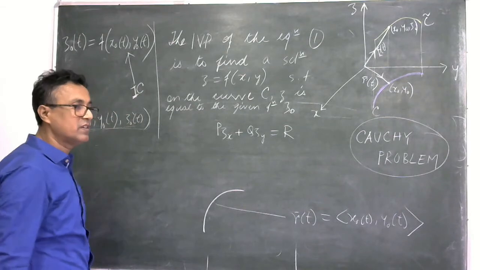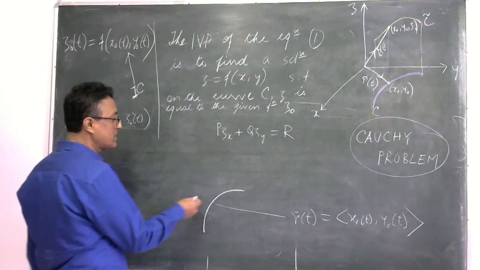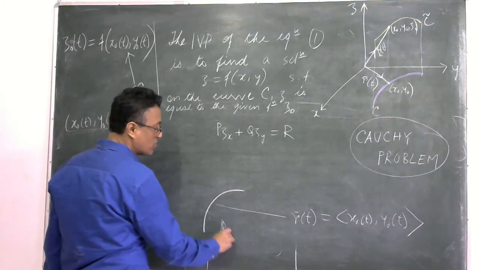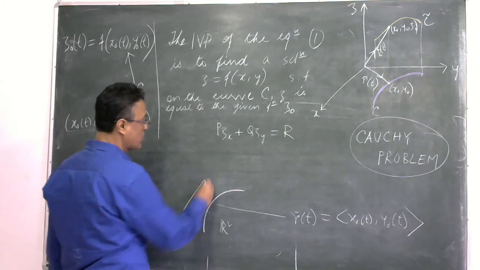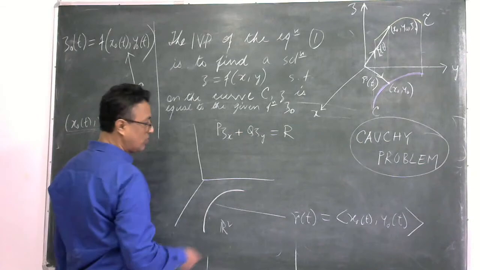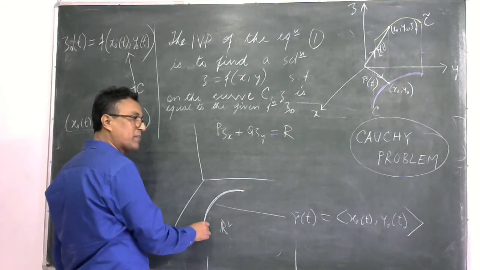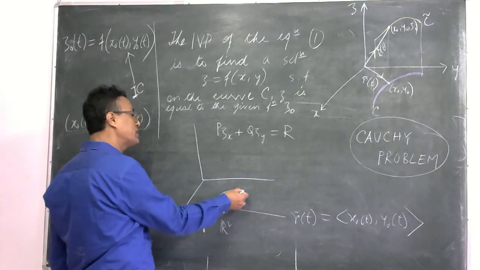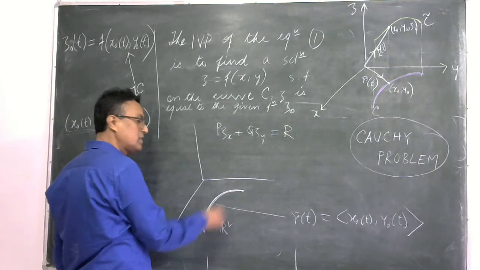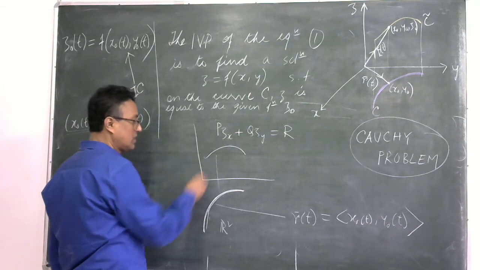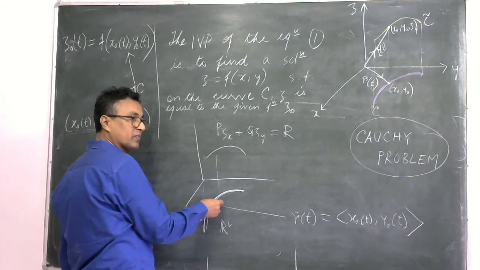You will be given a curve. This was in R2. Now, along with the parameterization or description of this curve, you will be given another curve in 3D space corresponding to this one.